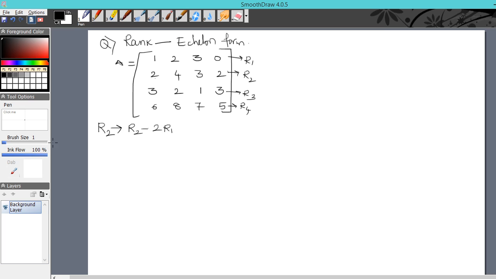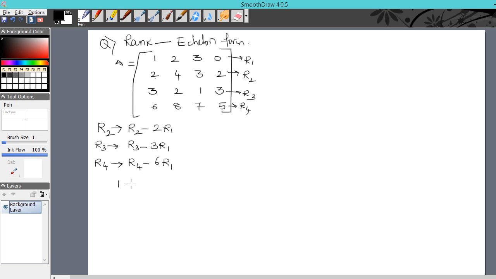Next, R3 tends to R3 minus 3R1. R4 tends to R4 minus 6R1. If you calculate all this, you will get the matrix in this way.